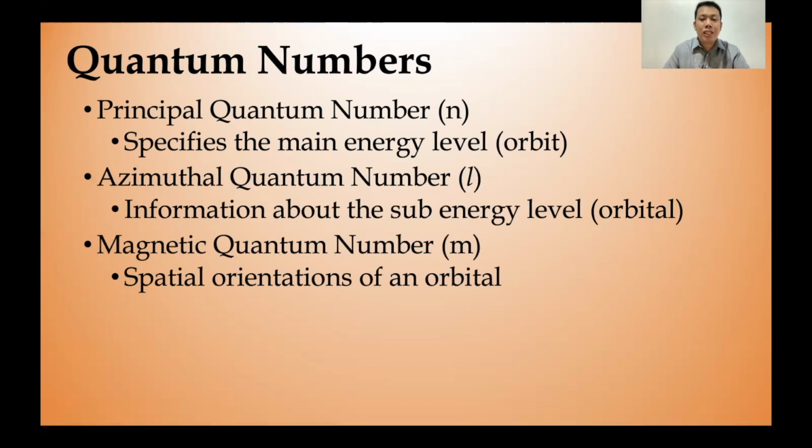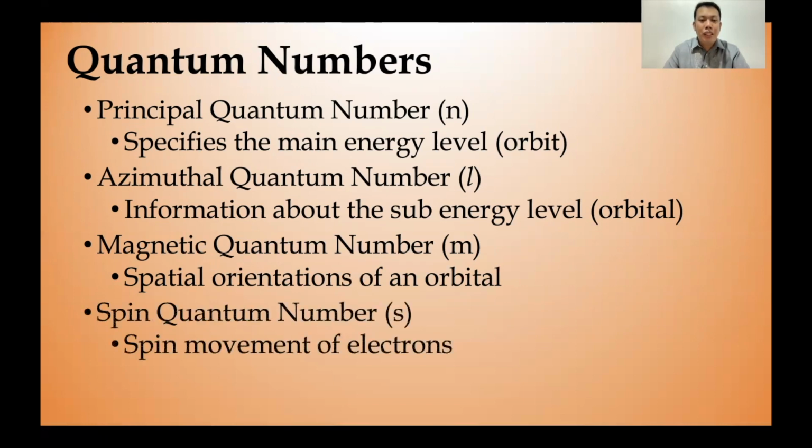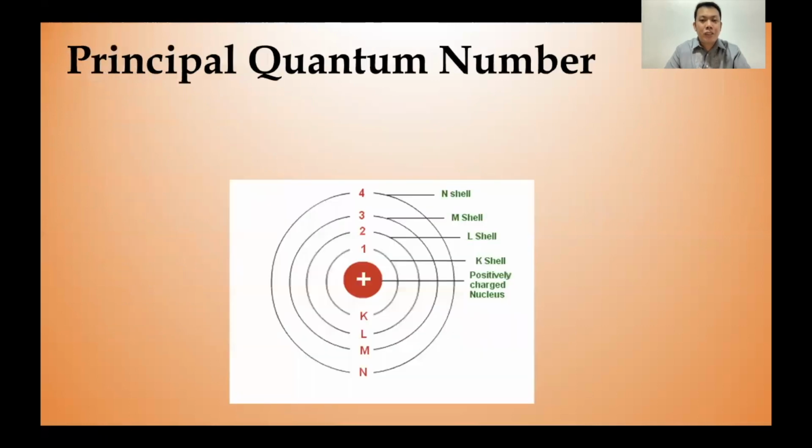It describes the spatial orientation of an orbital. If you remember those boxes you made before, with the upward and downward arrows, that box, known as the orbital, is the magnetic quantum number. And the spin quantum number, small letter s, describes the spin movement of electrons. By the way, the spin quantum number has the symbol m sub s.